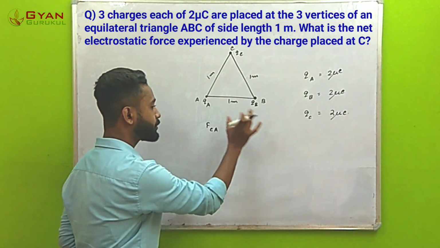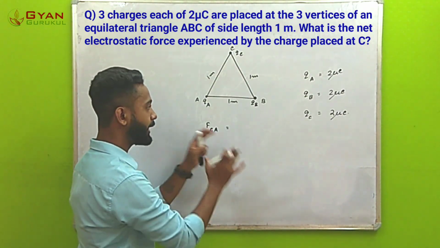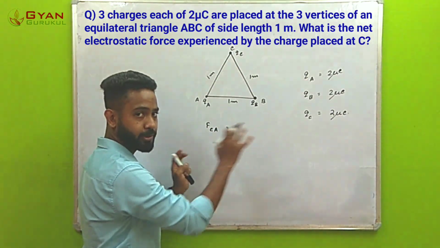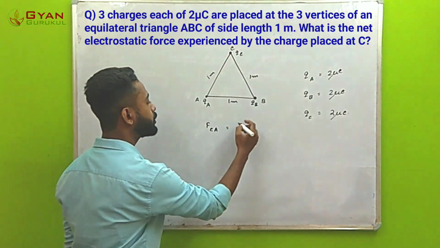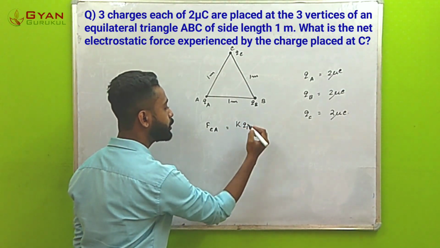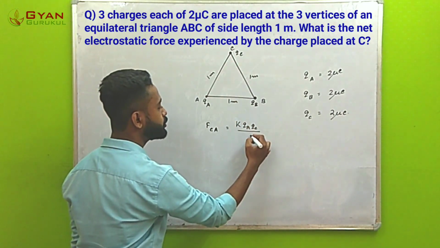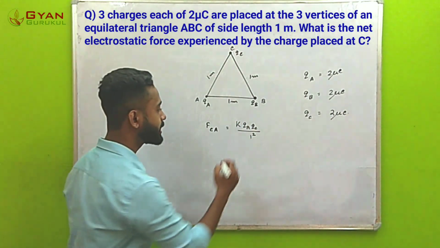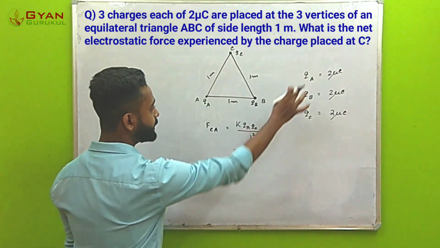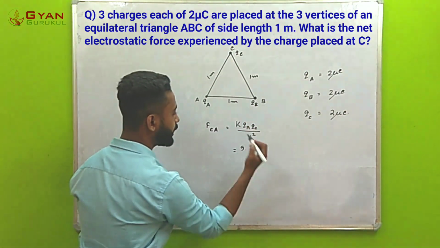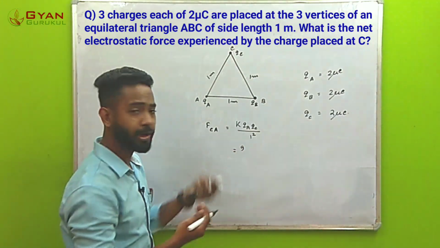Now we will just write down the magnitude. We are not having to do anything with the directions as of now. So the expression is given by K QA QC by R squared, which should be 1 squared in this case. So we'll substitute the magnitude of the charges here. You can also substitute the value of K as well.